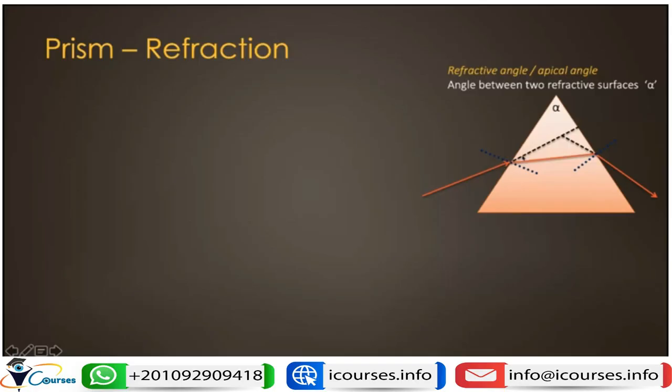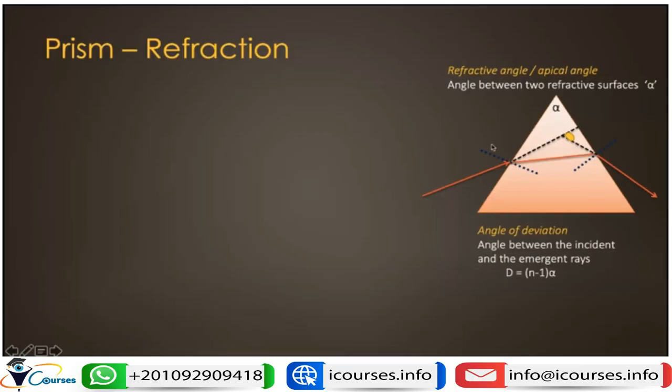If we extend the incident and the emergent light rays, they will meet at an angle. This angle is called the angle of deviation. The incident light ray should pass in a straight line. However, it is now deviated to this emergent light ray, toward the base.